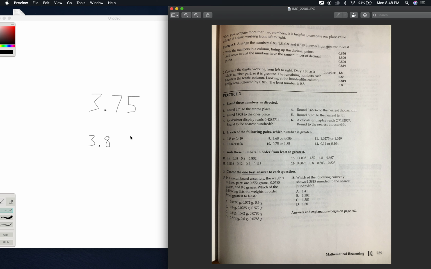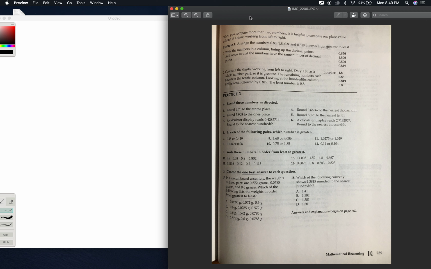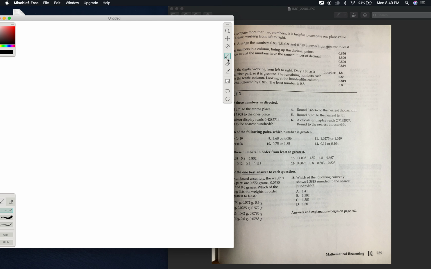It starts at tenths. So let me erase this here.